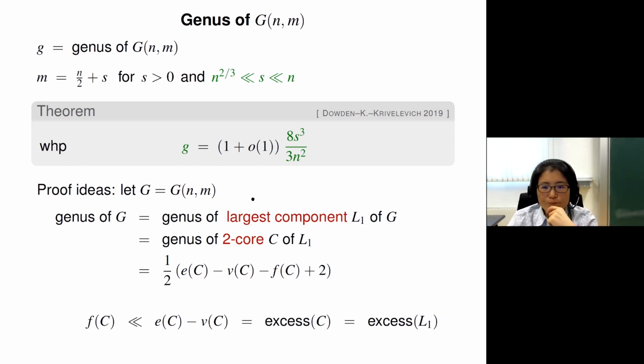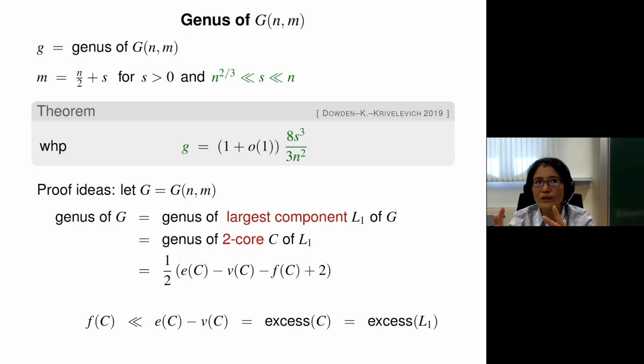Furthermore, we can use the so-called 2-core. The 2-core of a graph is a maximal subgraph with minimum degree at least 2. Equivalently, the 2-core of a graph can be obtained by deleting leaves one after another recursively.